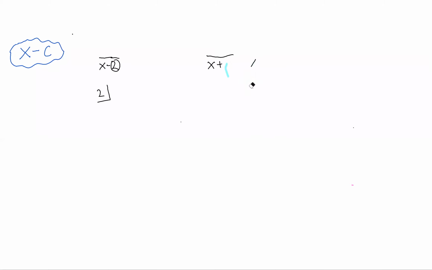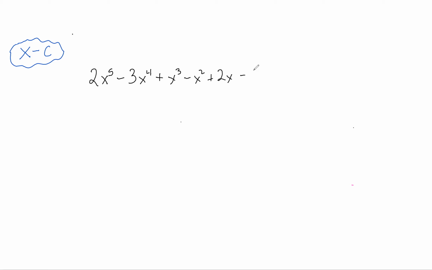We've got a kind of a tricky problem. We're going to set up and go from there. So our problem is 2x to the 5th minus 3x to the 4th plus x cubed minus x squared plus 2x minus 1.